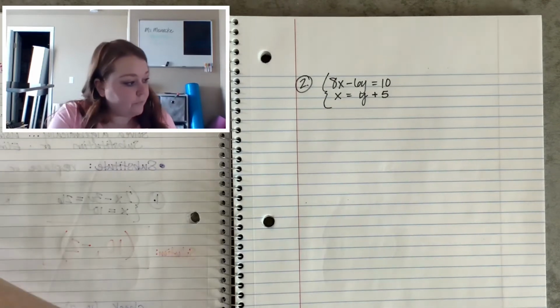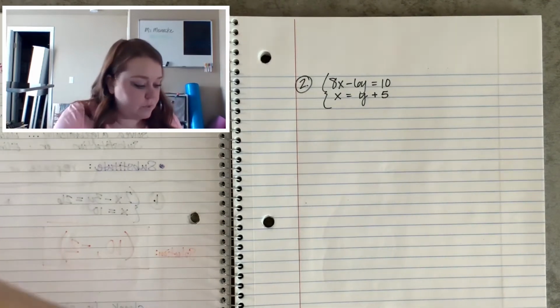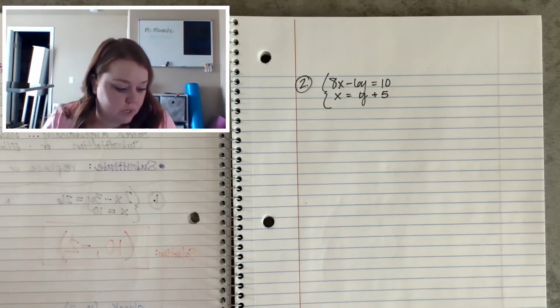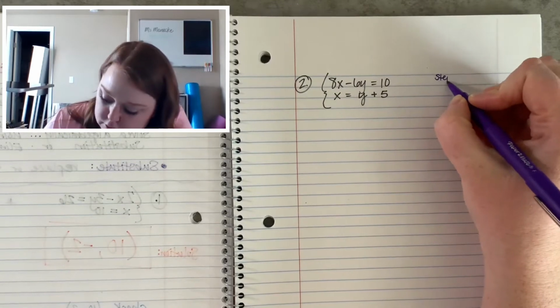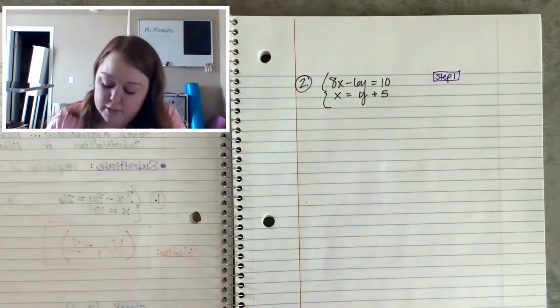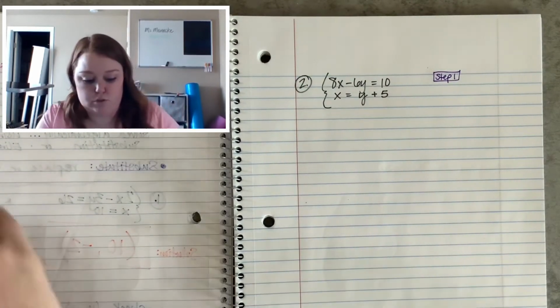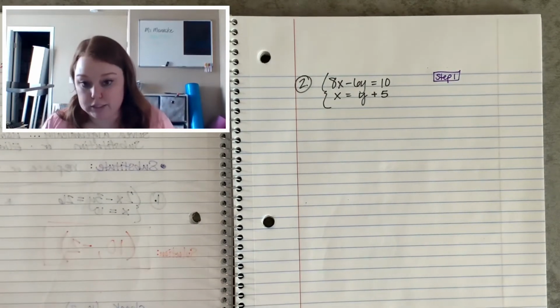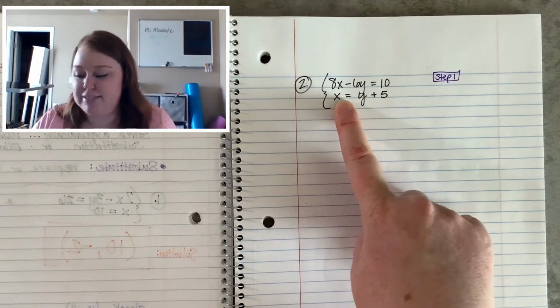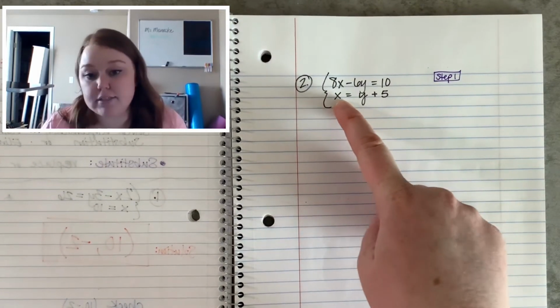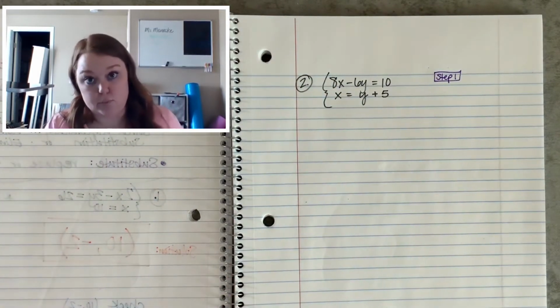All righty. Now, let's kind of write out some steps for ourselves. We'll call this step 1. So this is all about substitution, or plugging in or replacing. So something I notice is that x is isolated right here. x is by itself on one side of the equal sign.